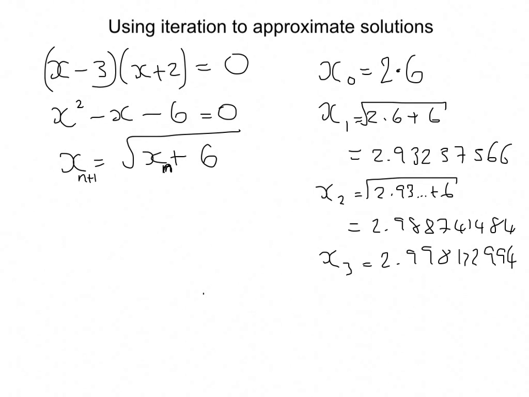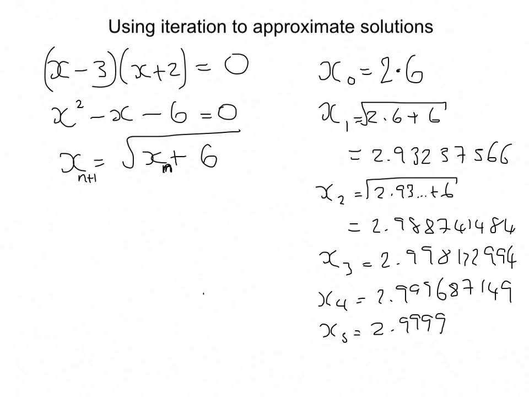And the next one is going to be that plus 6 square rooted, which is 2.999687149. See what's happening? It's just already 2.9999, 4 nines I've got now, 4, 7, 8, 5, 8.